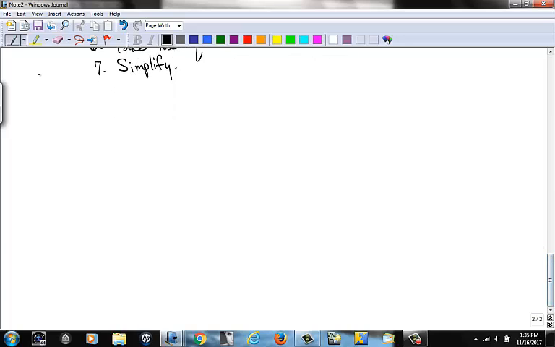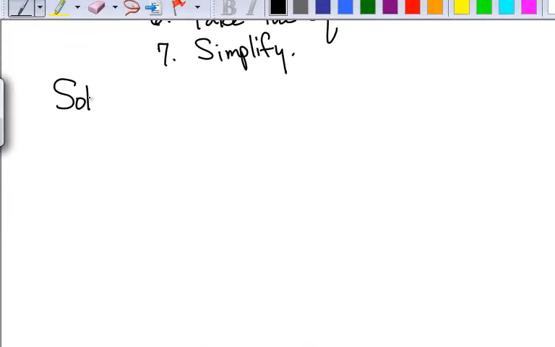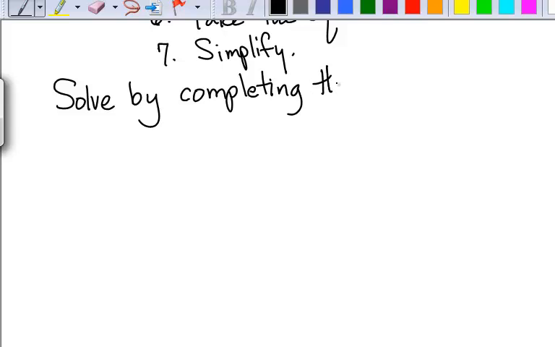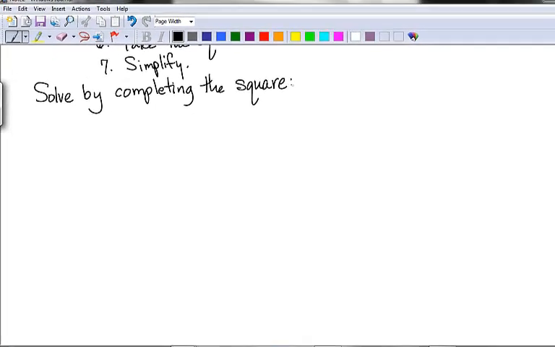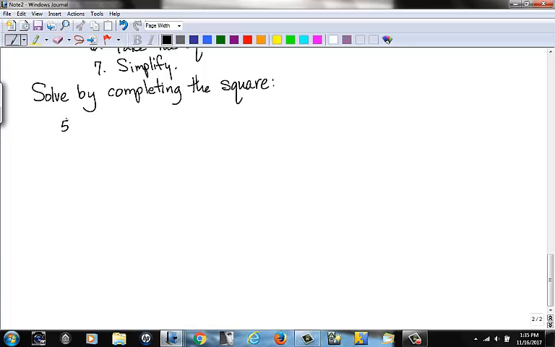Okay, let's go through an example. They will say solve by completing the square. And if you were taking this on a test, you could also check it by quadratic formula. You could check it by factoring. This is just another method to solve. Okay?